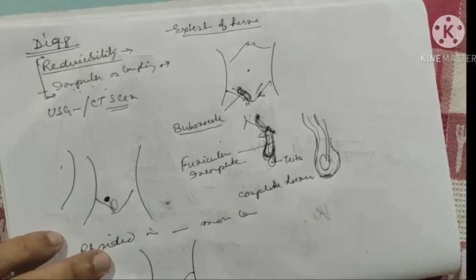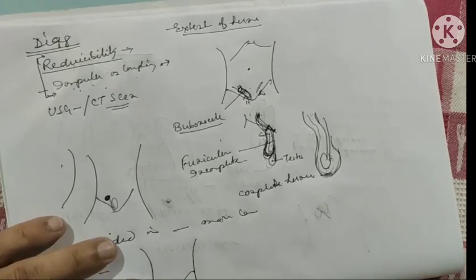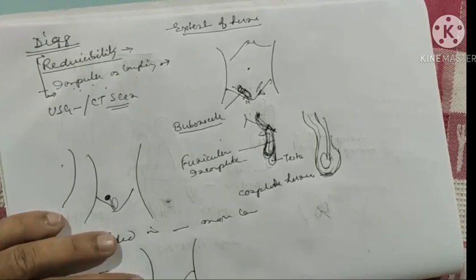But the femoral hernia is lateral and below the pubic tubercle. The femoral opening comes out through the saphenous opening, which is 4 cm lateral and below the pubic tubercle. So the femoral hernia is below and lateral to the pubic tubercle.